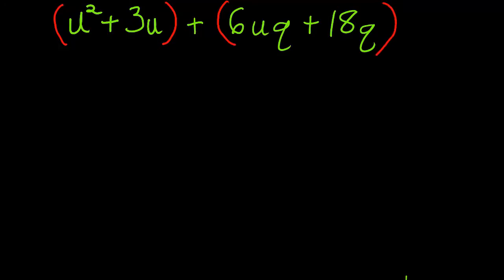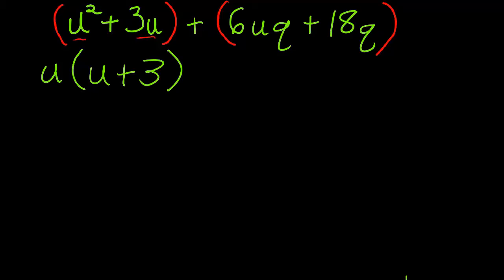Now, we're going to factor the first set of parentheses by the greatest common factor. And you can see that both of these terms have a u in them. So we'll say u parentheses u plus 3.